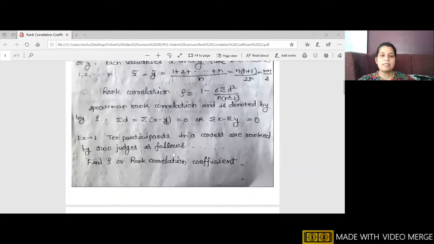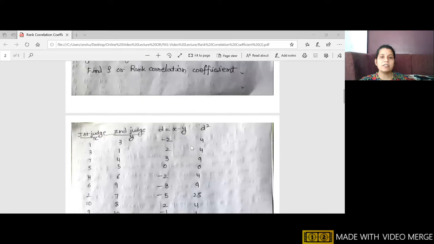The question is: 10 participants in a contest are ranked by two judges as follows. That means, for example, in a musical competition or any other competition, the two judges give different ranks to the 10 participants. So find the rank correlation coefficient.